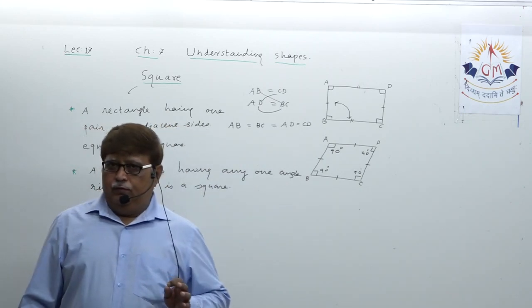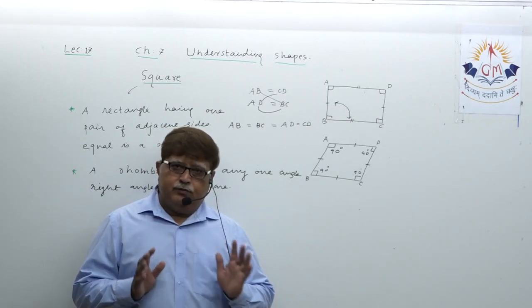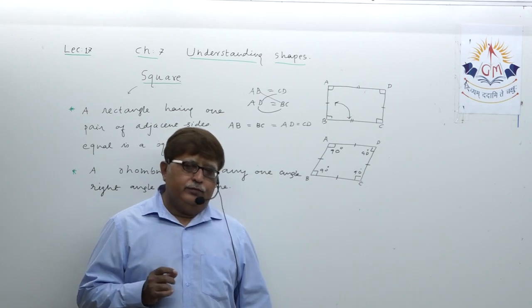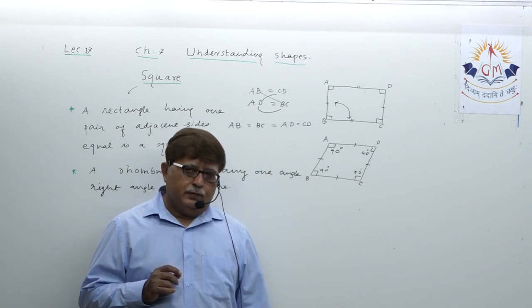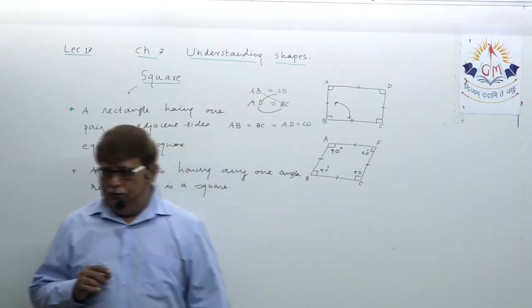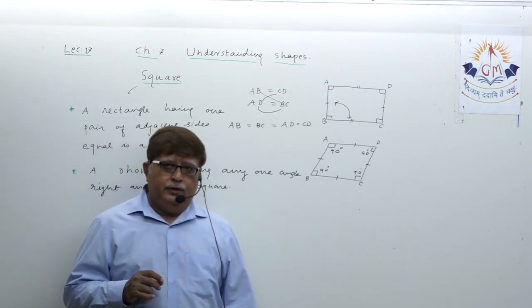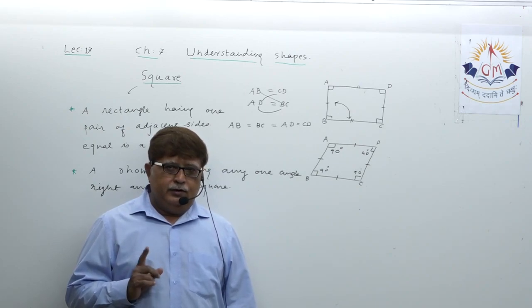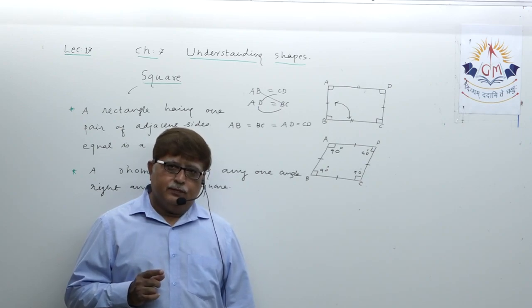If you really want to define square, then you have to move in this way, that any quadrilateral having all sides equal and all angles right angle is called a square.